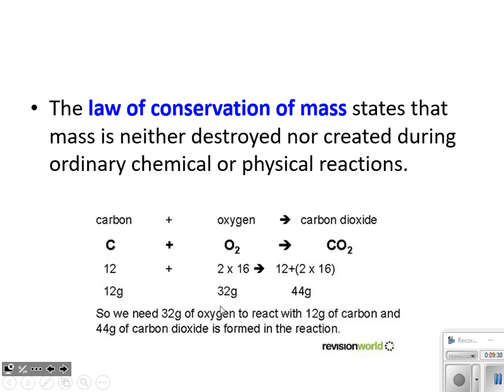Now look at the product side, carbon dioxide. Each oxygen is 16, there's two of them. Each carbon is 12. Once again, 16 and 16 is 32 plus 12 is 44. The law of conservation of mass. Mass is neither created nor destroyed.